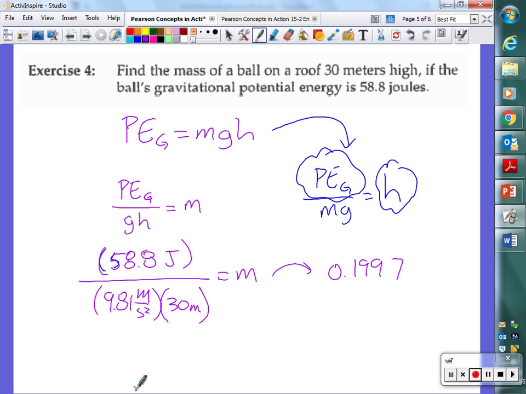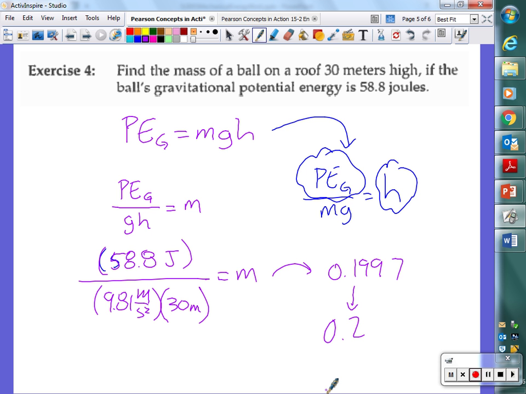So what are we going to round our final answer to? 0.2. All right. Now, say again. Nope. Because where's this 0 at? Beginning zeros are not significant, right? Regardless of whether the decimal point is there or not.